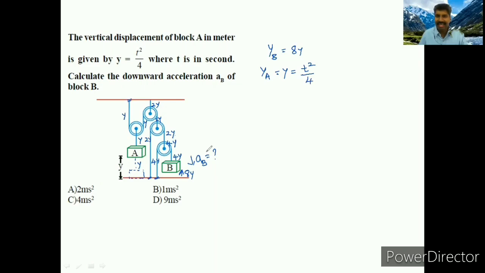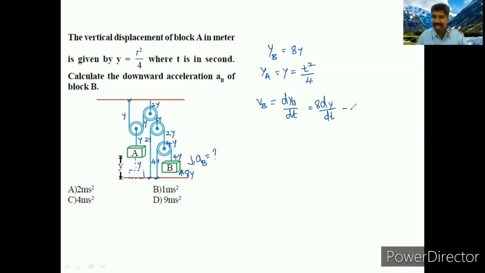Now we need to calculate the acceleration of block B. So here I will write vB, I need to calculate. How can we calculate vB? Velocity is the rate of change of displacement. So d yB by dt. What is the yB value? 8 into y.